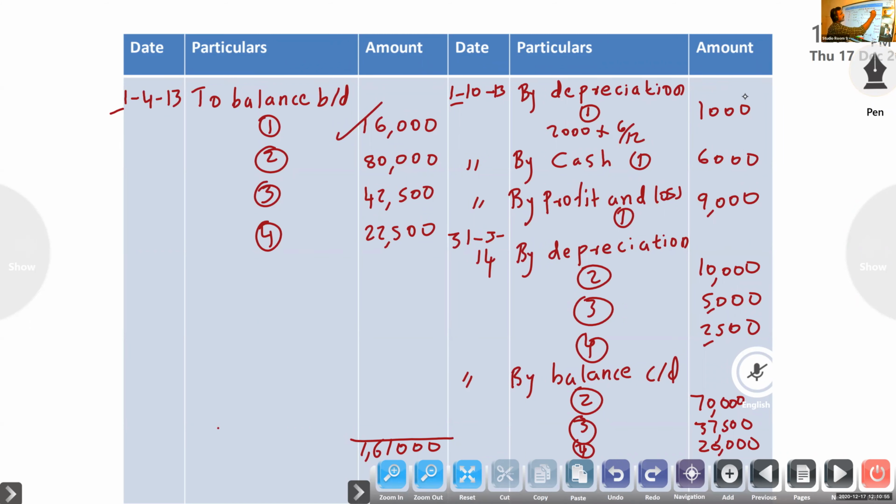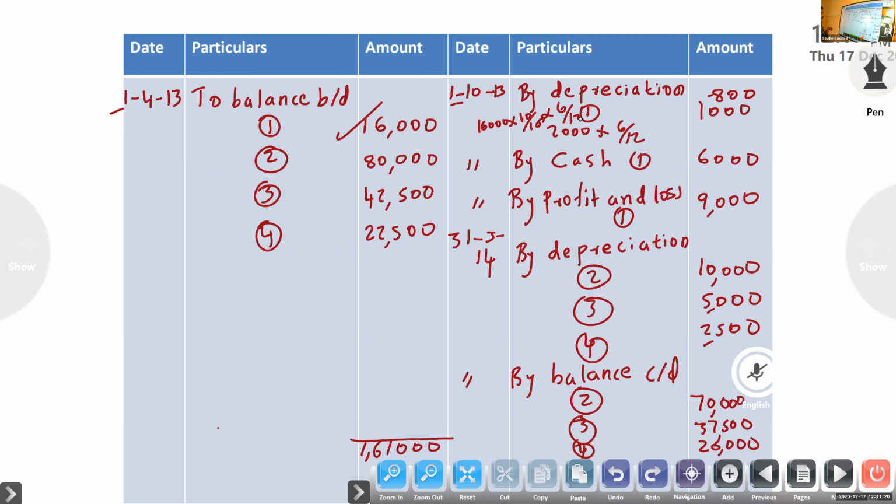If it is sold, we take half only, so 16,000 into 10% into 6 by 12. Clear? We calculate depreciation on the basis of the book value of the asset, on the basis of balance b/d, not on the basis of original cost.